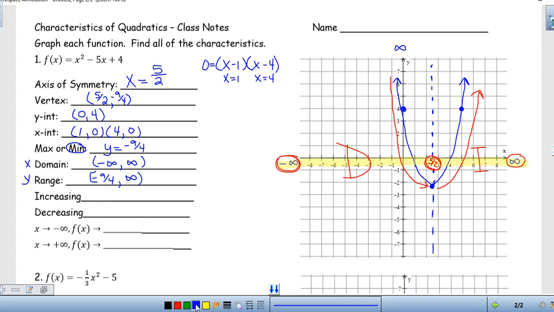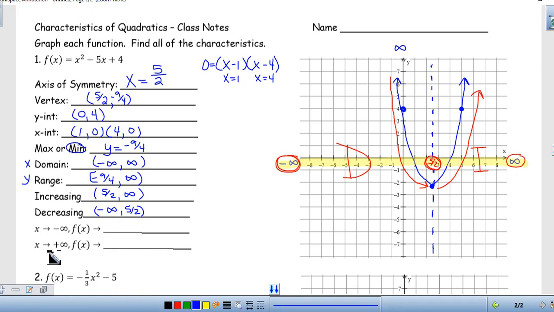So when you write these, make sure that you write them on the correct line. So increasing is going from 5/2 to infinity. We'll use parentheses on both. And decreasing is from negative infinity to 5/2. Always write your intervals from left to right, left to right.